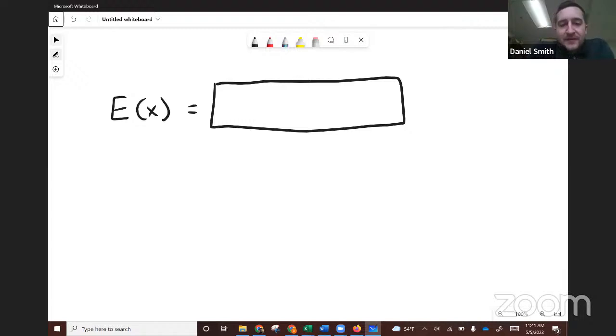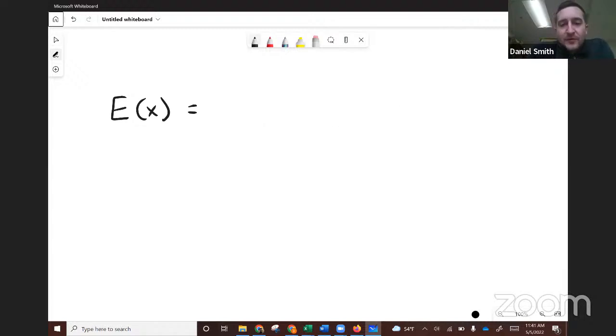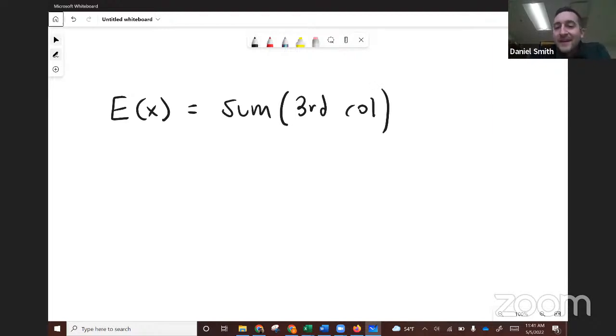It was funny because in second period, or fifth period, students were saying, yeah, it's the sum of the third column that we use on Excel. And that's actually great. I love that they said that, because we set up that probability model in Excel.